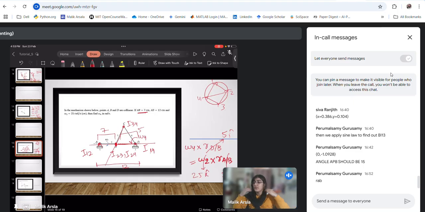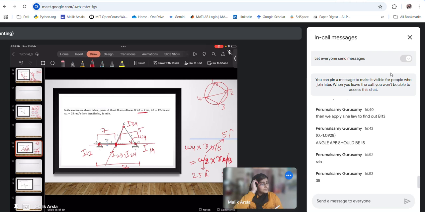Now you can find out omega 4. Can you tell me? And mind that this rdb you are taking in the backward direction, so it will come with a minus sign. And rab is in this direction, so it will be 7 i cap. And omega 2 is 25k.